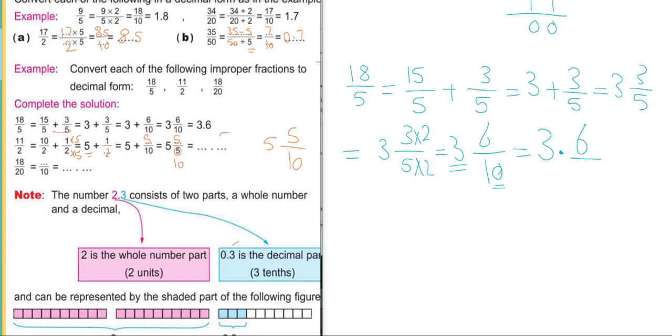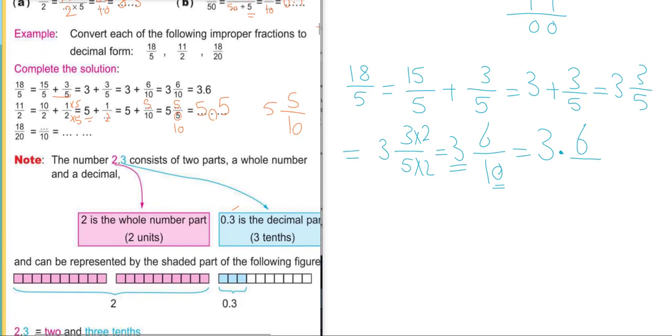This is the decimal point, and 5 on the left because this is the whole number. Next, 18 over 20: we divide 20 by 2, and 18 also divided by 2 equals 9. So 9 over 10. We start from the right, put 9, there is the decimal point, and here we have 0.